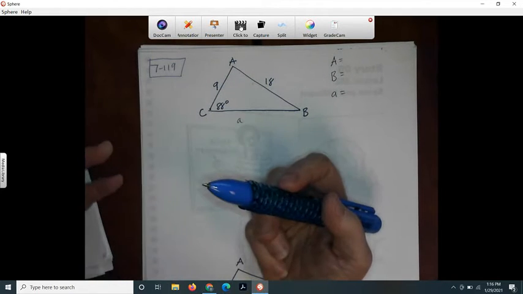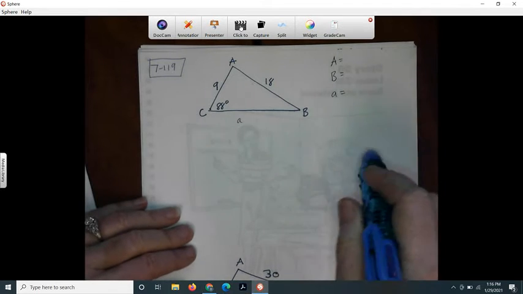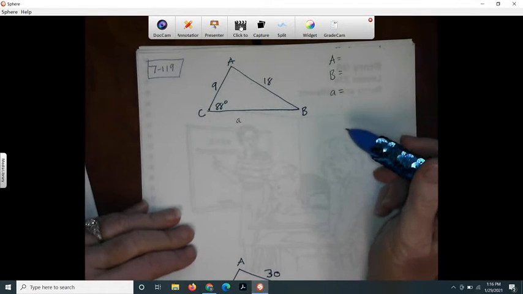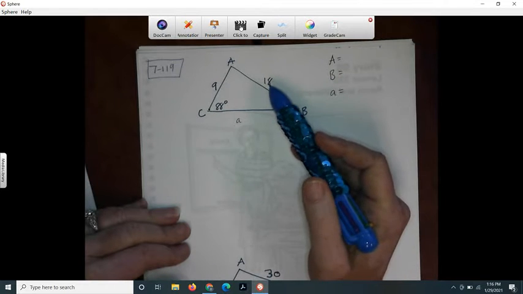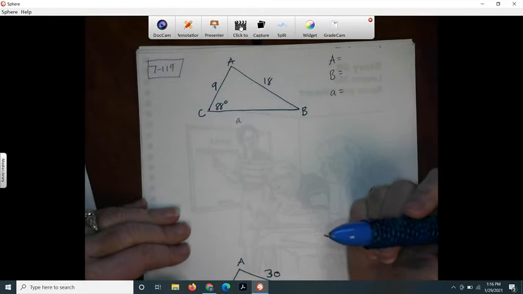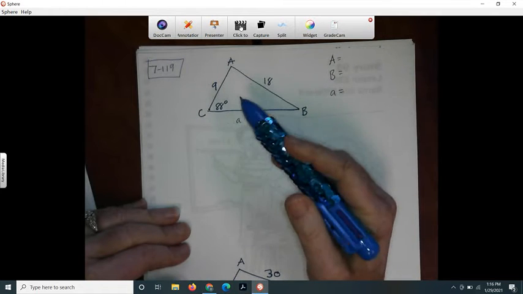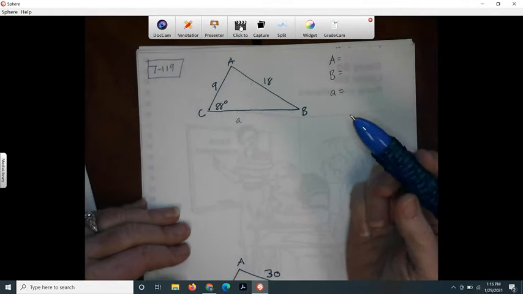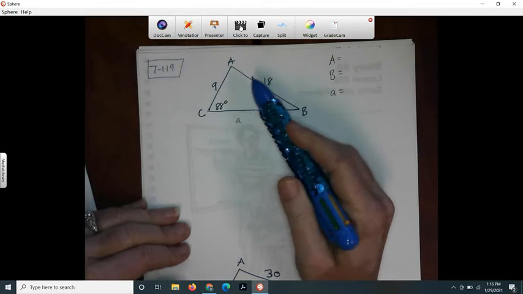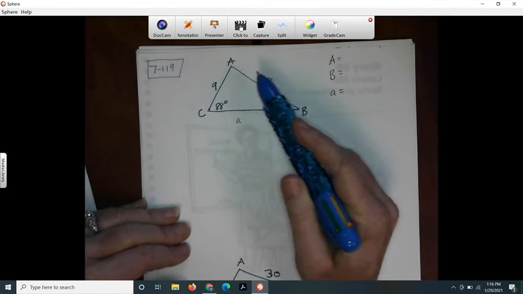Because I like to use law of sines, because law of cosines is big and a lot of hard work. I know that when I use law of sines on side-side-angle, I could get the ambiguous case, but I would rather use law of sines and deal with that than use law of cosines. I can tell how many triangles I'm going to get by thinking about that video that we saw with the lady.